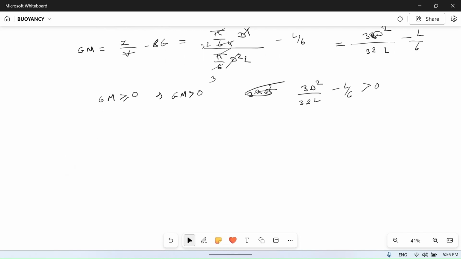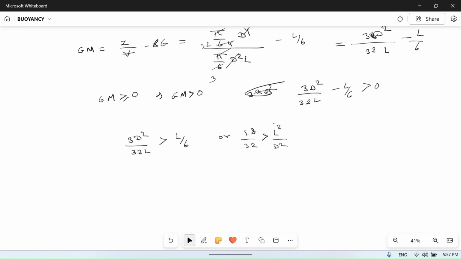Okay, so 3d square by 32L is greater than L by 6, or if you take 6 this side, then 18 divided by 32 is greater than, if we take L this side, L square, and D will come this side, down side, D square.